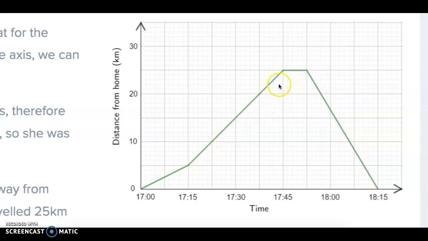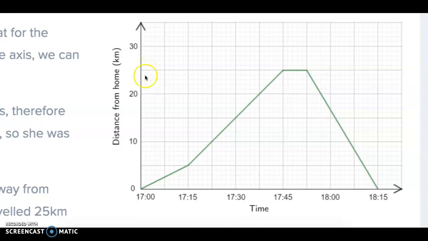Then they sped up, because the steeper the line is, the faster they're going. Then they stayed in one place for about 8 minutes. And then they went back home, because if you're 0 distance from home, you're at home. The maximum distance they were from home is 25 kilometers.